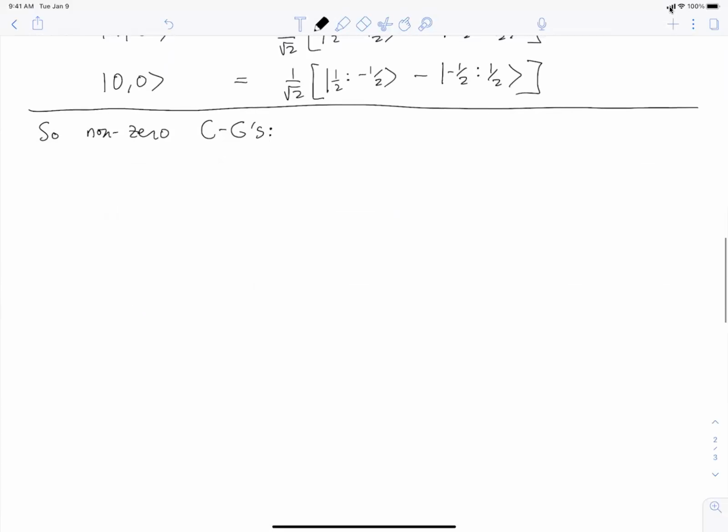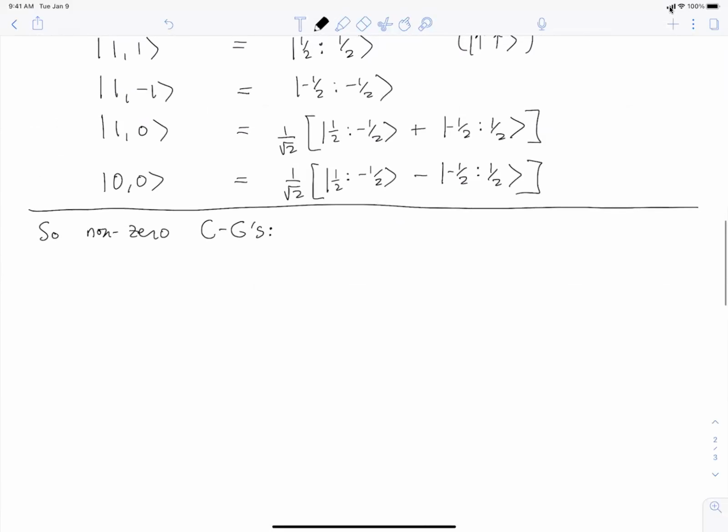Okay, and so let me write them the way they would possibly be written in a table. So first you just write the J1 and J2. Then I write the M1 and M2. And then in the other part here, I again rewrite J1 and J2, even though it's redundant. And I write 1,1.